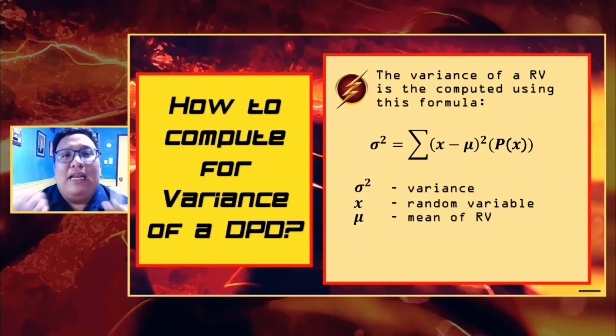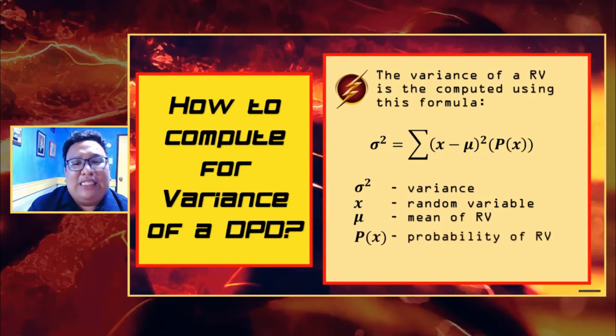So if you're still confused about how to get the mean, you can go back to the previous video that we have about the mean of a discrete probability distribution. And then, of course, P of x is the probability of the random variable. Just like solving the mean, we're going to follow the formula in order for us to get the columns that we need for our table.